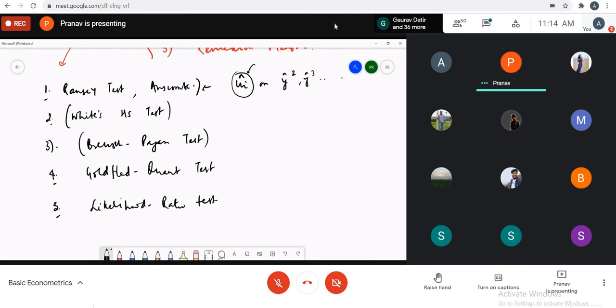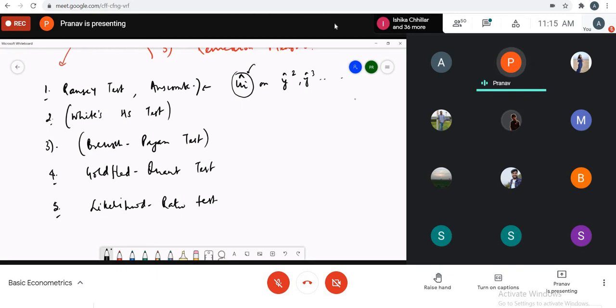Instead of using powers of x's, which they say becomes really cumbersome, what they suggest is that we must take the predicted values of the regression equation and run a regression of ui on square of this y hat or cube of this y hat or some other non-linear power of y hat, and then test for the coefficients.